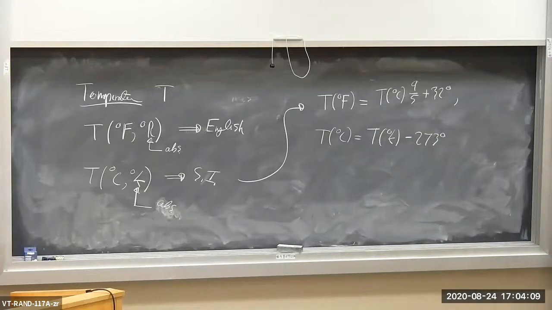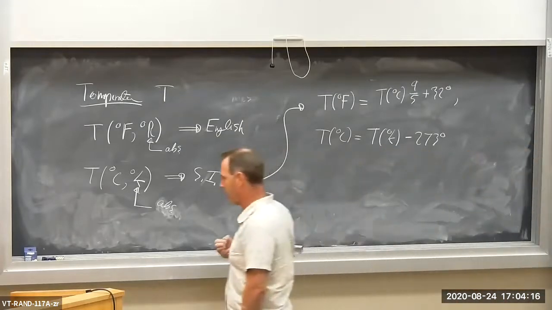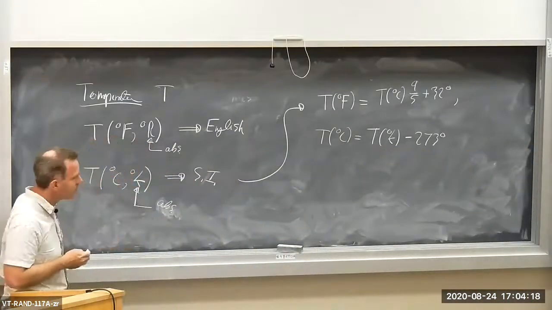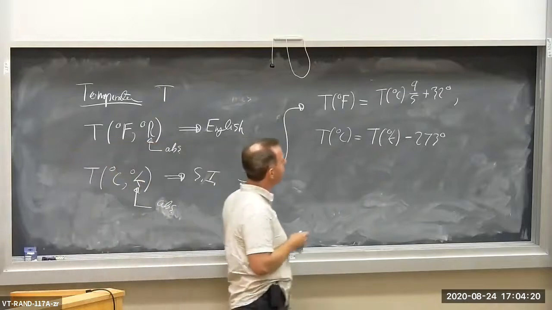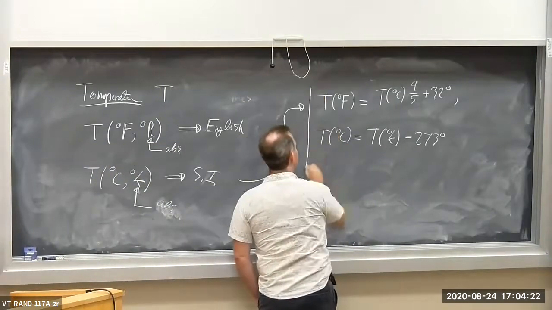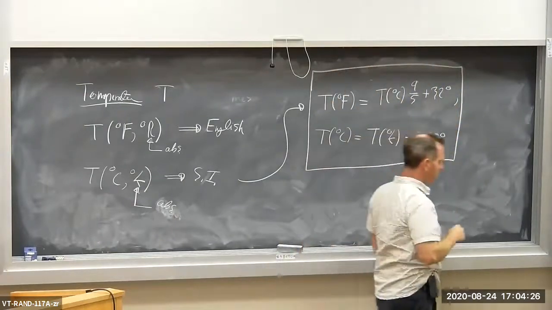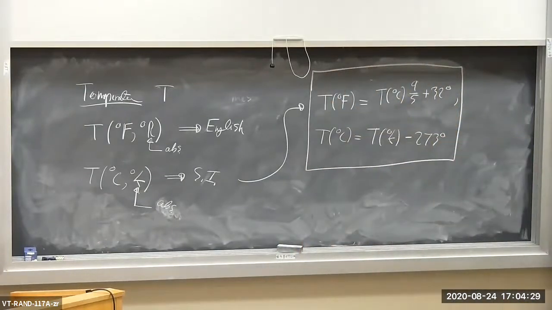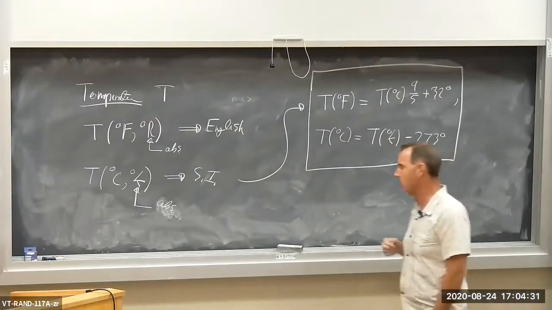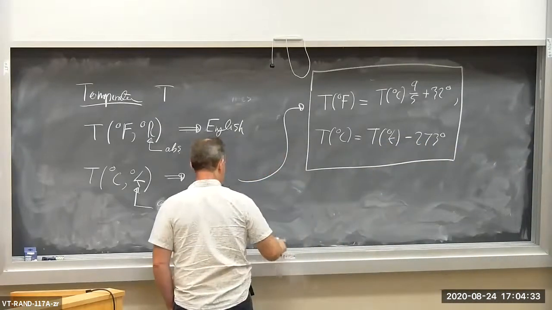Okay? So you take the temperature in Kelvin, subtract 273 degrees from it, and you get temperature in centigrade. Okay? So these are results that you should have in mind. I will put a box around them, okay, so that you're keenly aware of them. You should be aware of this stuff.